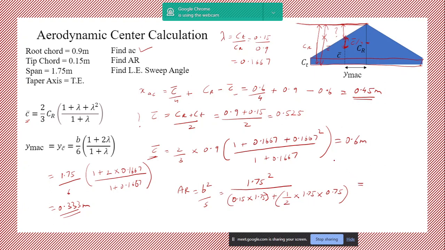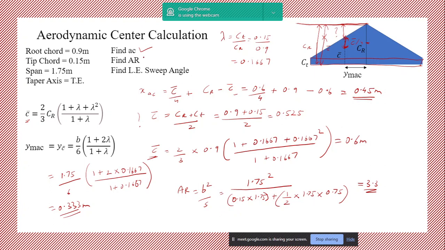This value 1.75. So I'm getting it to be around 3.3. Just let me know if anything is wrong.